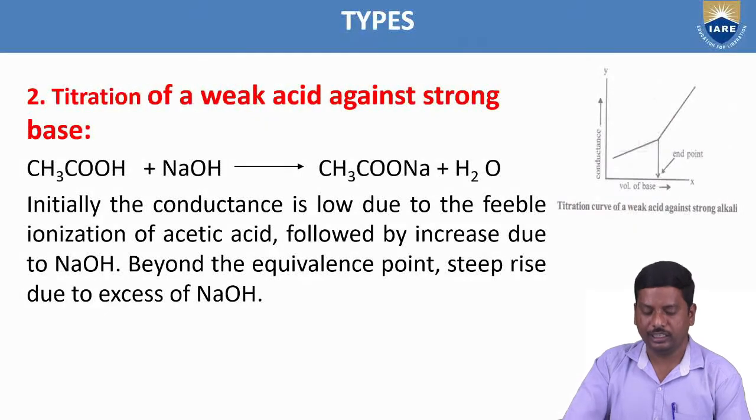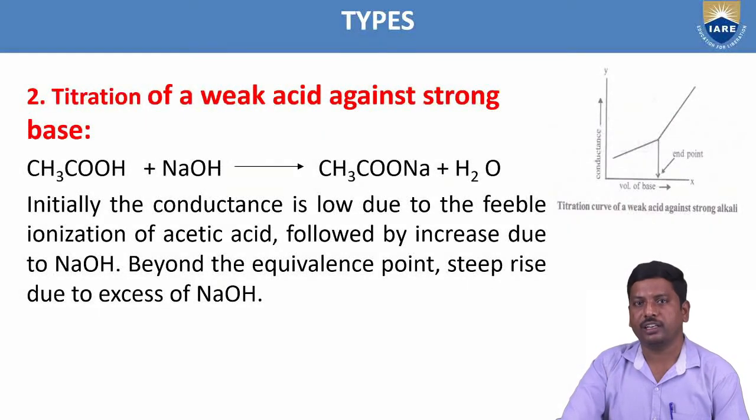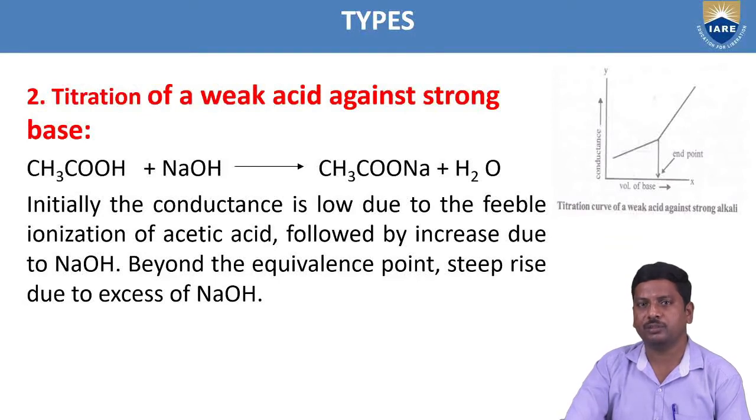And what is the second type of reaction involved in conductometry? That is a weak acid versus a strong base. What is the example for weak acid? Acetic acid. And what is the example for strong base? Sodium hydroxide. When the weak acid reacts with sodium hydroxide, it gives sodium acetate, a neutral compound, with water.